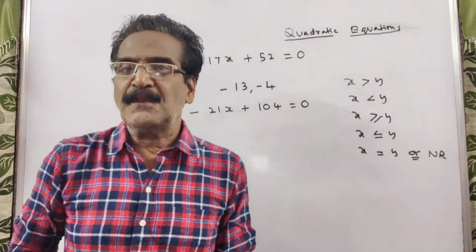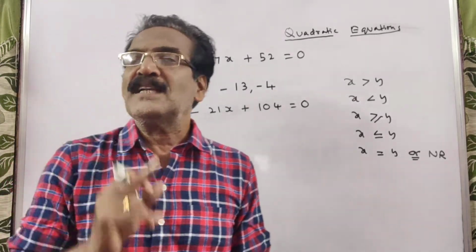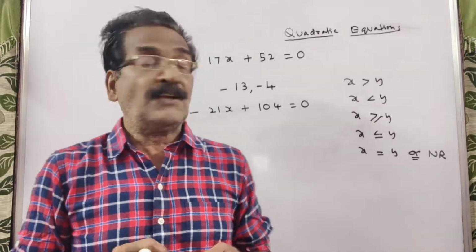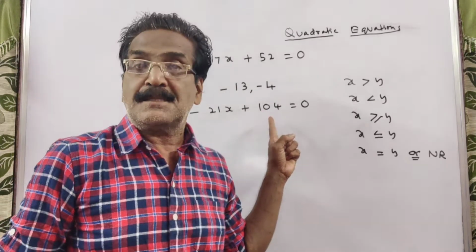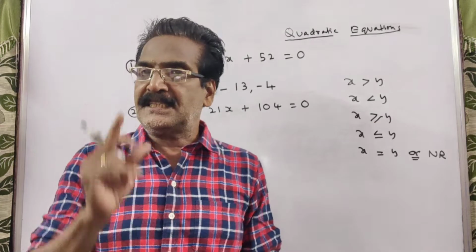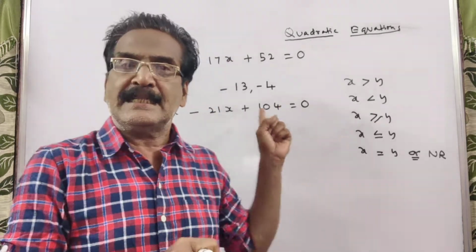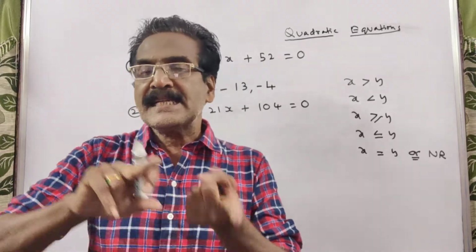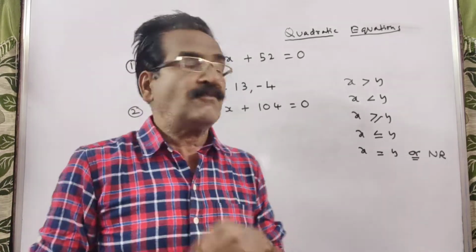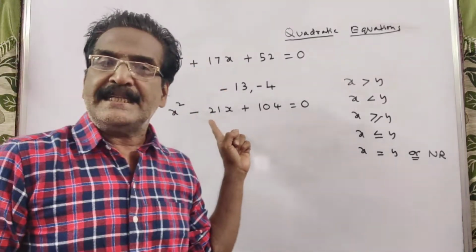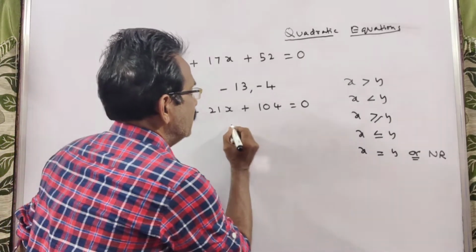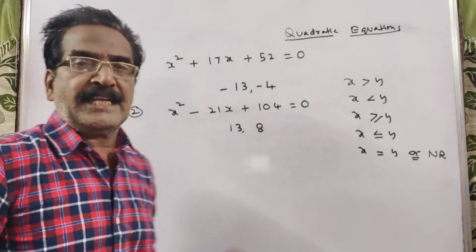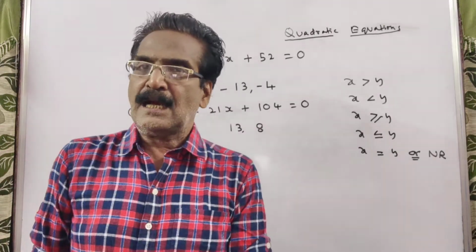Product 104 means you will get 104 in the 13th table. 13 eights are 104. Immediately on looking at the product, you must recollect the table in which you will get that number. 13 plus 8 is 21. So the numerical values of the roots are 13 comma 8.